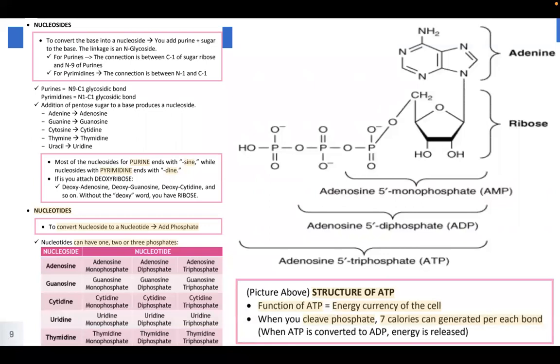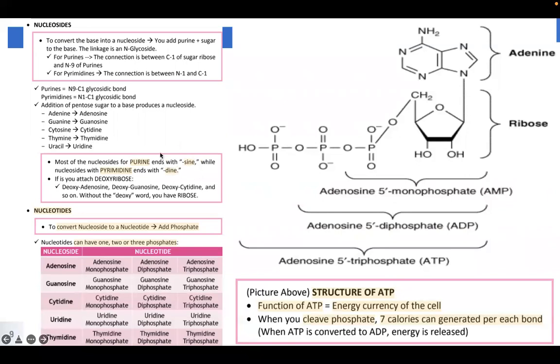produces a nucleoside. So from adenine, magiging adenosine na siya. Si guanine, magiging guanosine. Si cytosine, naging cytidine. Si thymine, naging thymidine. Si uracil, naging uridine. Okay, again, the addition of your pentose sugar to a base, it produces what we call nucleoside. And then most of the nucleosides for purine ends with your -sine. Yun yung kanyang palatandaan.